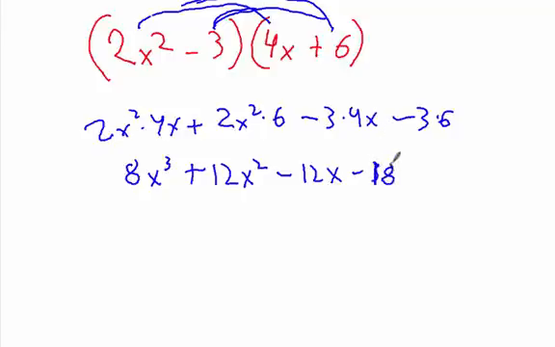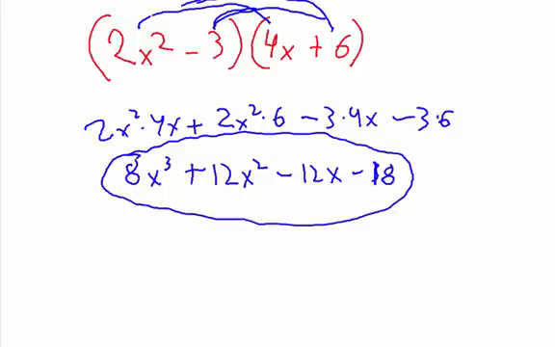Going through, x cubed, x squared, x, 18, no like terms, so I'm done. All right, so it's very simple, same procedure, just multiply everything in here by everything in here. Use the distributive property twice.